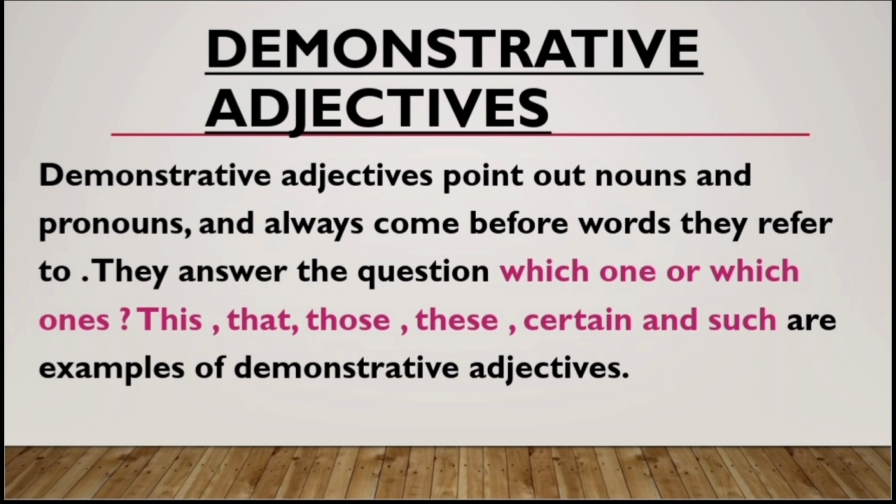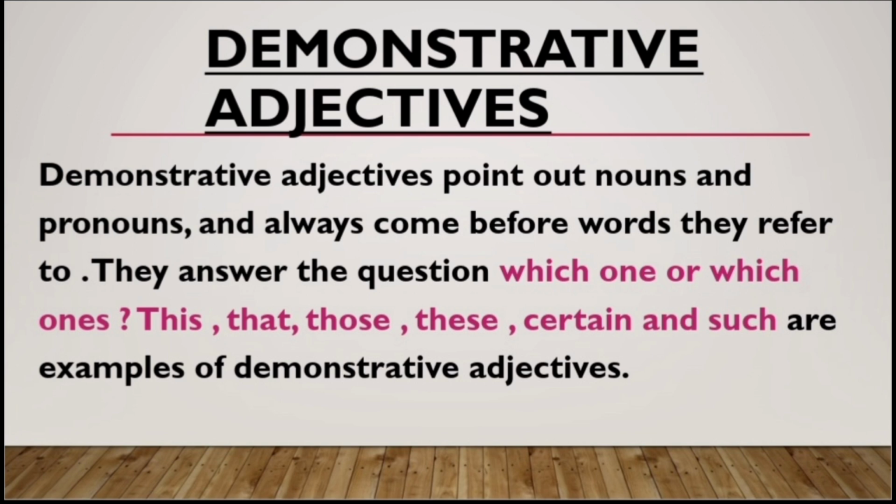A demonstrative adjective will point out a noun or a pronoun, and it comes right before the noun or the pronoun that it is pointing out. And they answer the question which one or which ones.